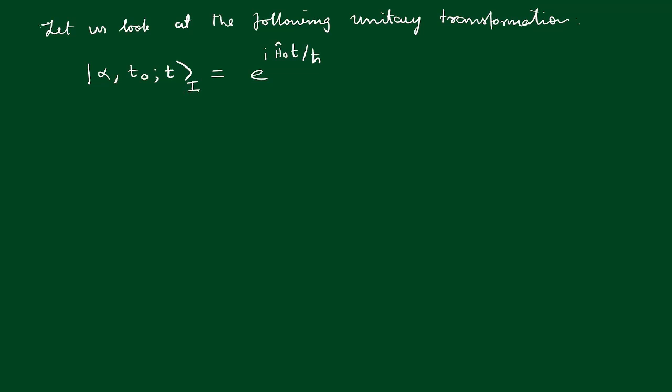This I stands for interaction picture, and you act it on the state in the Schrodinger picture S. So this is actually a definition: I define the interaction picture ket in terms of this unitary transformation acting on the Schrodinger picture ket.